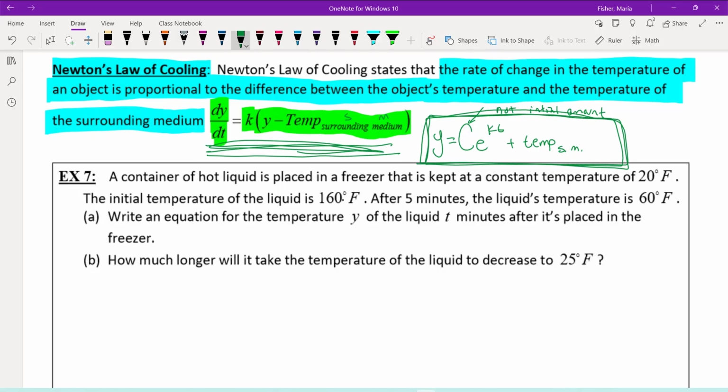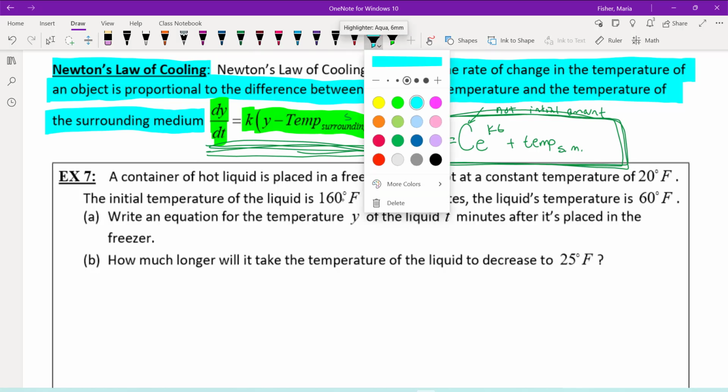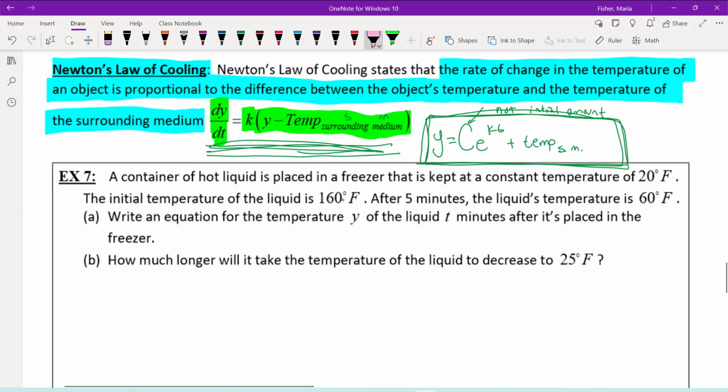The first thing we want to do is look at what we're given and identify what these things mean. We know that we are keeping this in a freezer with a constant temperature of 20 degrees Fahrenheit, so that means that the temperature of my surrounding medium is going to equal 20 degrees.